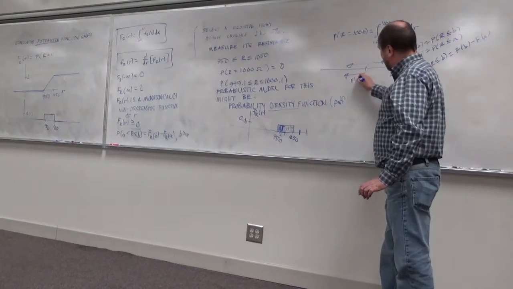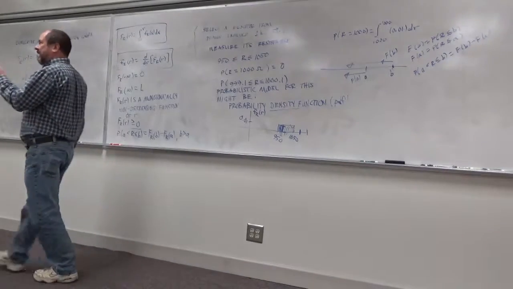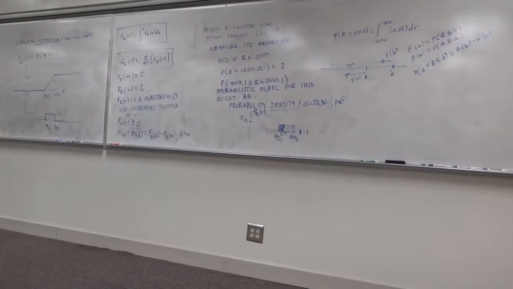Capital F of A tells us the probability of being over there. And so the probability of being in between there is what? F of B minus F of A.